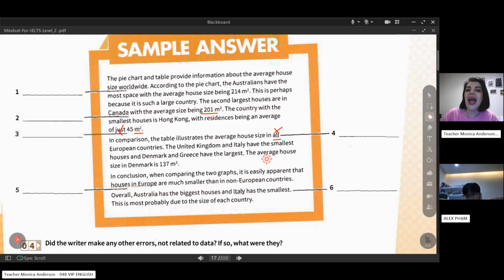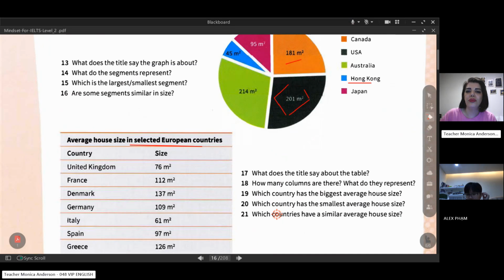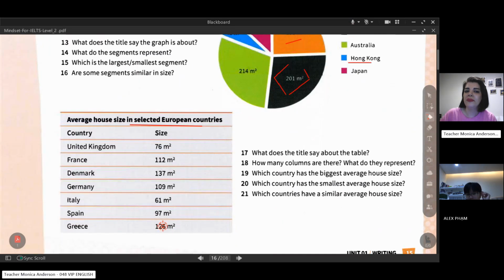And now number 5, it's easily apparent that houses in Europe are much smaller than non-European countries. Houses means all the houses, or just some houses? Or most houses, so it's important. Look, Europe, non-Europe. France, Denmark, Germany.